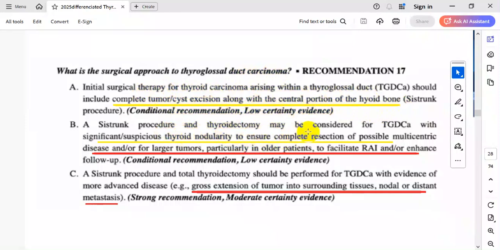Sometimes thyroidectomy may be considered with significant suspicious thyroid nodularity, to ensure complete resection of possible multicentric disease, or for large tumors, particularly in older age, to facilitate radioiodine and or enhance follow-up.